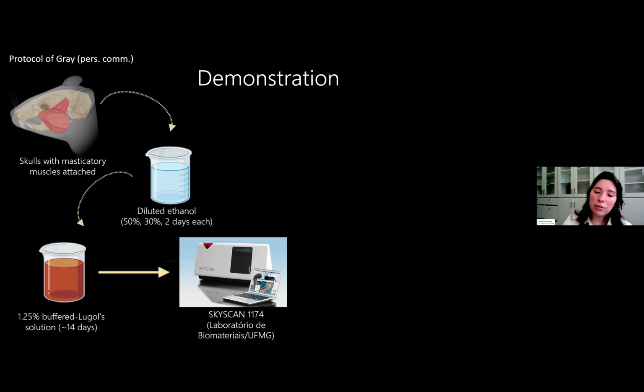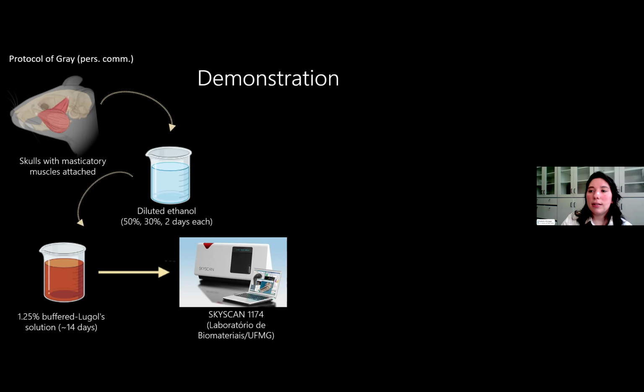So to take off some of the ethanol from the material before staining, we follow this protocol of leaving 2 days each in different concentrations of ethanol, and then they were put in the iodine solution for approximately 2 weeks, depending on the concentration of the solution. In our case, it was 2 weeks because it was the lowest concentration.